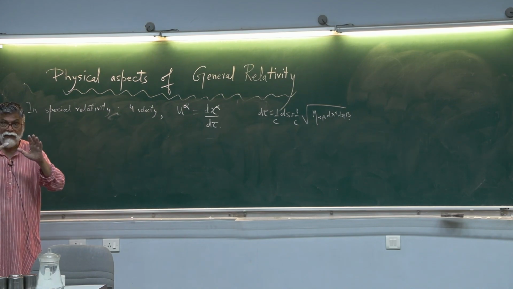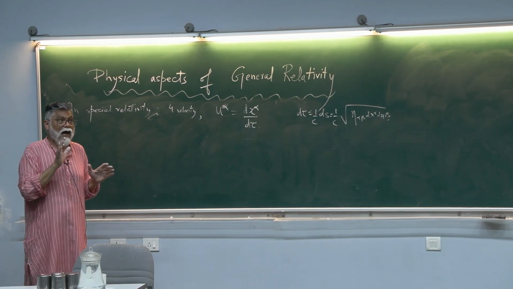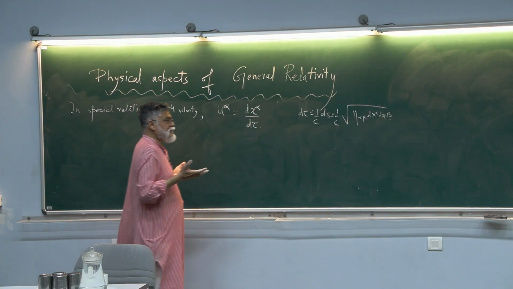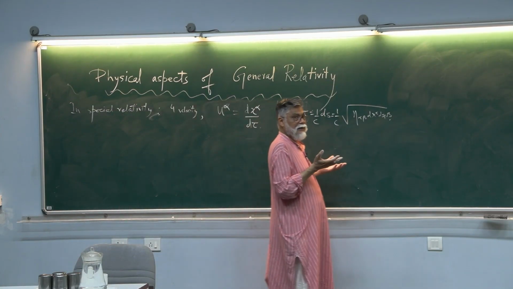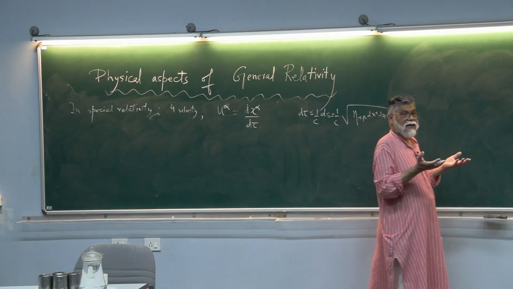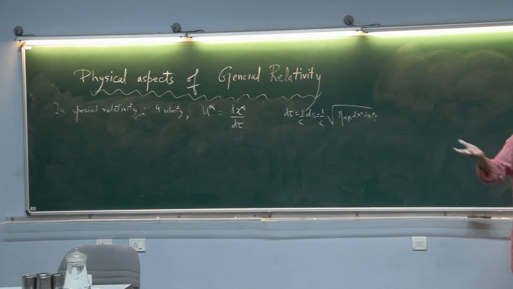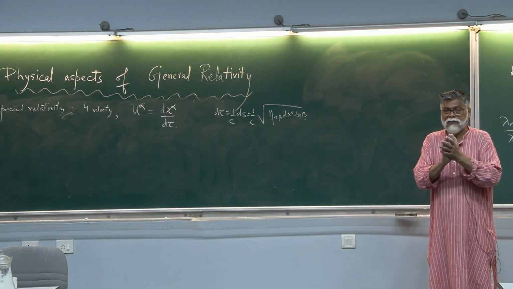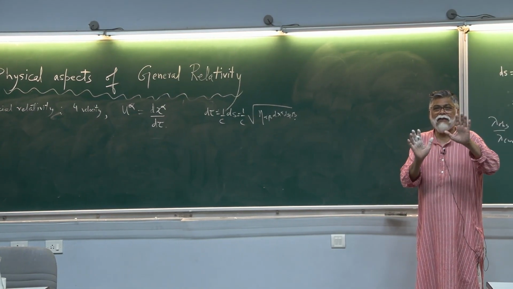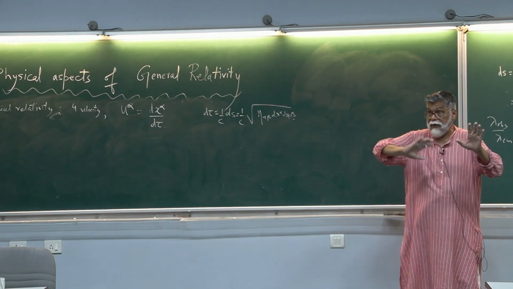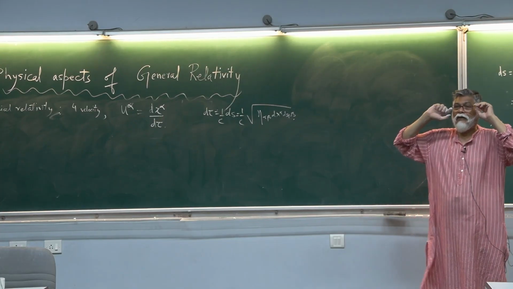I did not ever make this statement. If you know physics in special relativity and you want to do physics in an arbitrary curvilinear coordinate system, what do you do? What is the prescription? It's called the principle of general covariance, dealt with in detail and very beautifully in Weinberg's book.